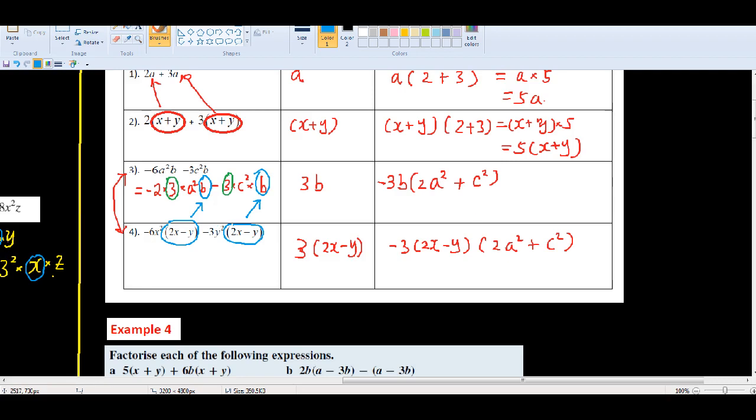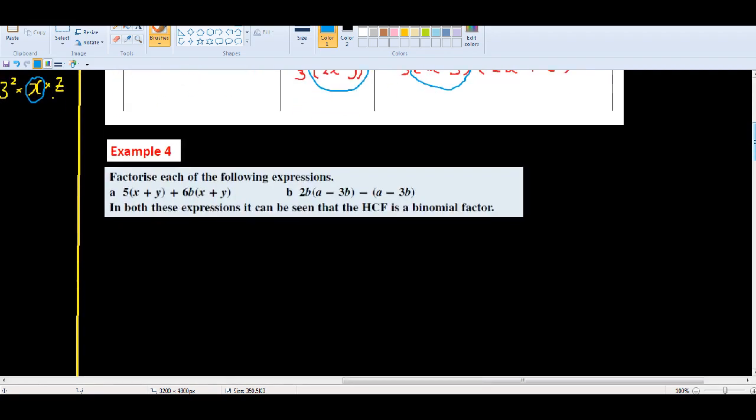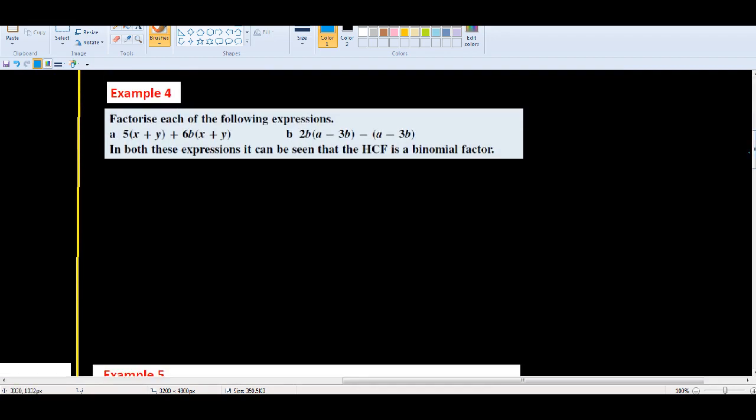Everything b does, 2x minus y does the same thing. You see that? Once you could see that bracket 2x minus y as you see b, you know how to do it. That's the key. Try to get used to it. Try to get that into your head. Okay, good. Let's do a couple more examples.